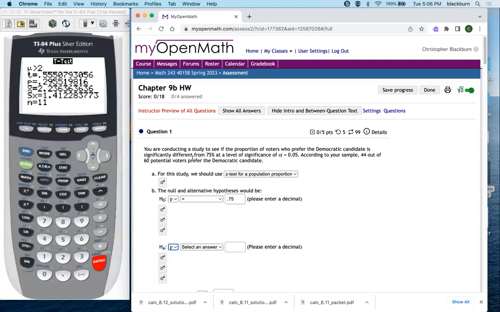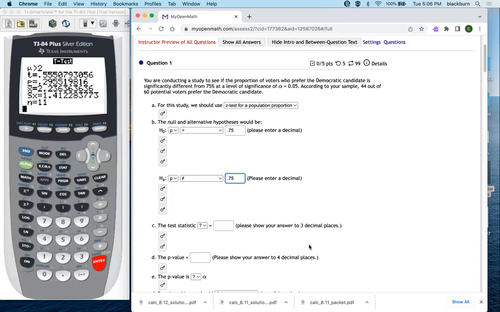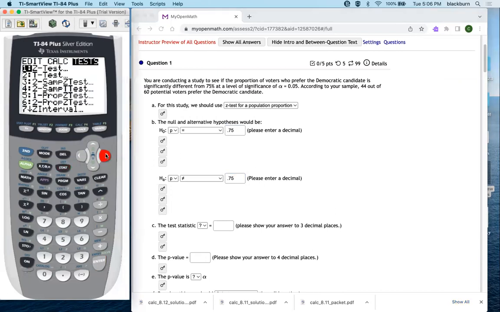It just says significantly different, or is p not equal to 0.75? So then the third stats test we use today is stat tests, 1-PropZTest. So one proportion z-test.